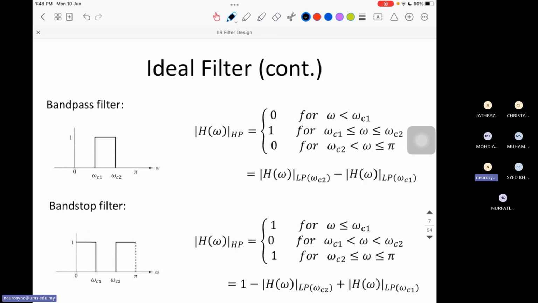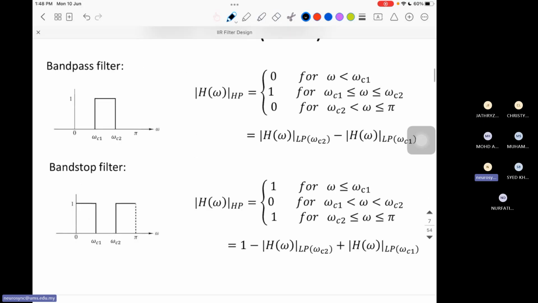Then the band pass filter. The name itself says it will pass some band of frequencies. Like I am having omega C1 and omega C2, the two cutoff frequencies. In the band pass filter, it only passes the frequencies between this band, omega C1 and omega C2. The frequencies which lie between these two give output 1; otherwise, it is 0.